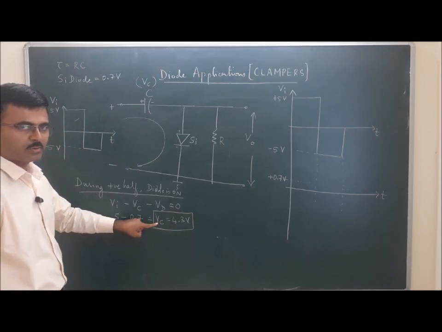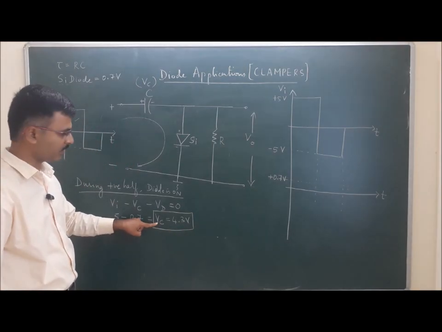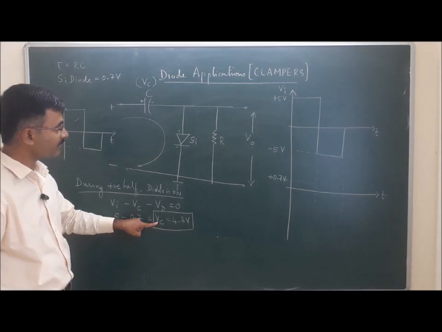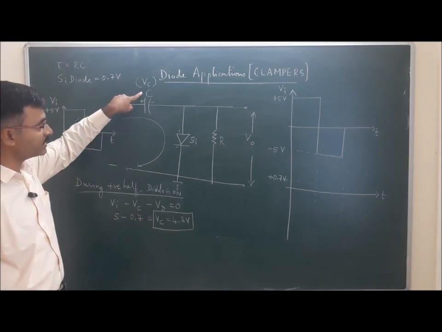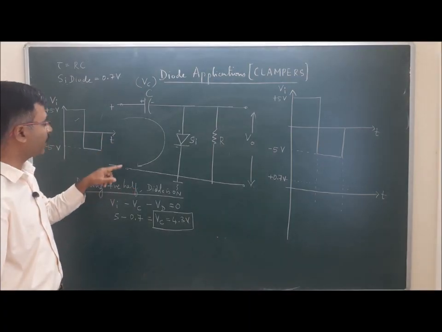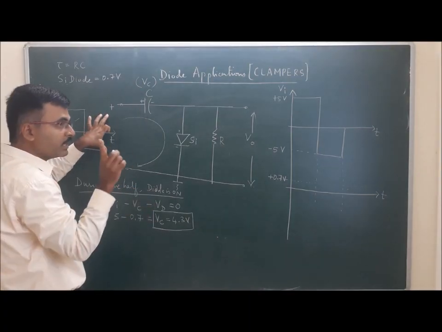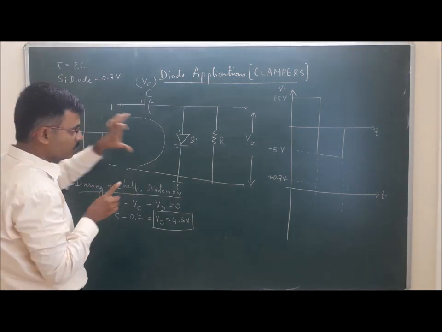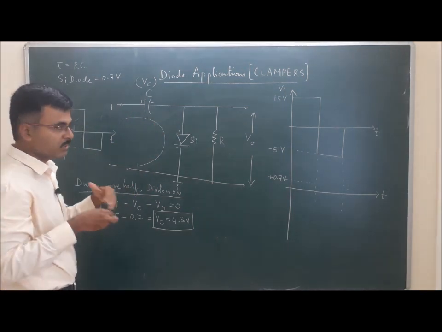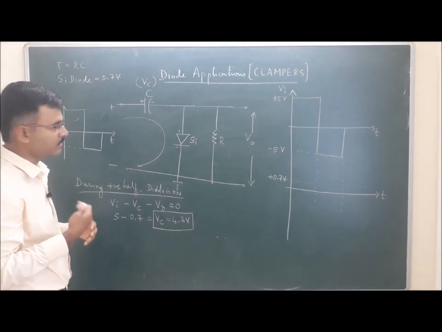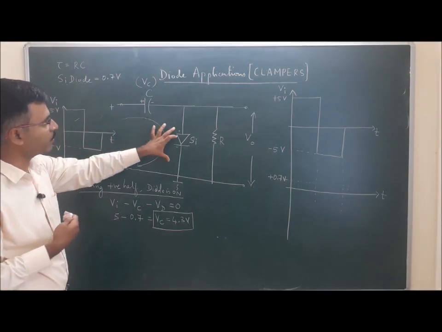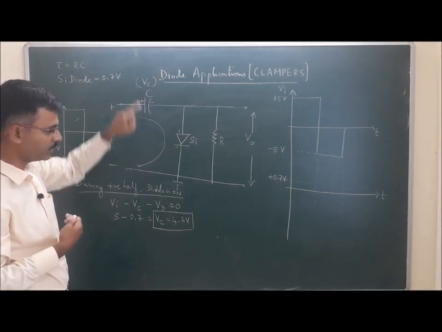We'll have to understand that VC is the voltage to which the capacitor gets charged. Even though I am applying plus 5 volts, the capacitor will not get charged to 5 volts because you have a diode. The drop across the diode is 0.7. So 5 minus 0.7 will be 4.3 volts.